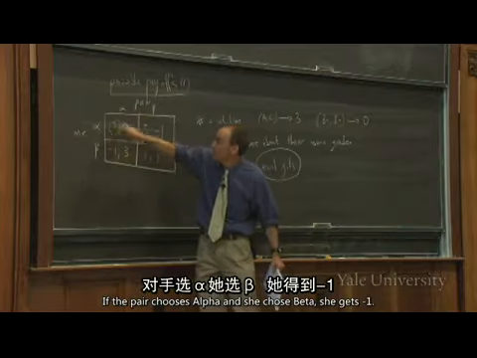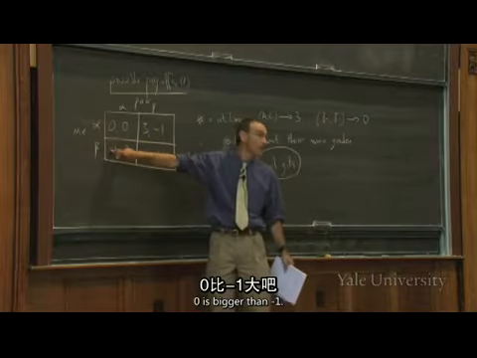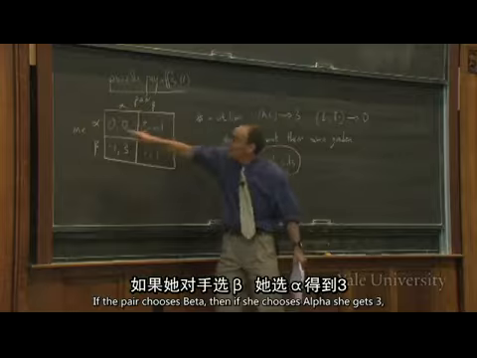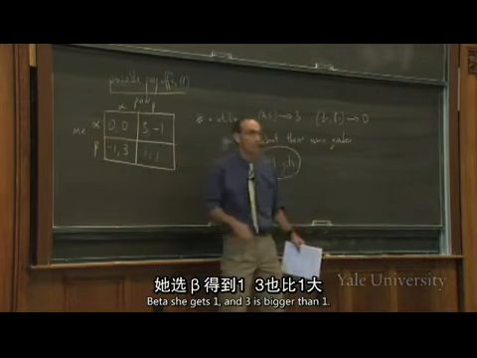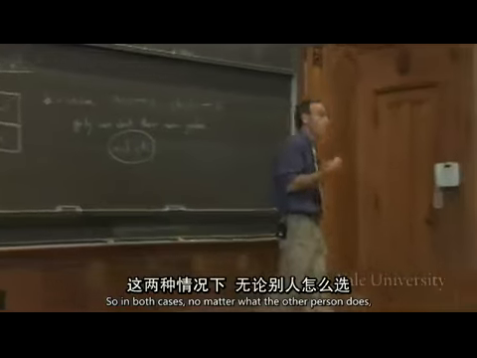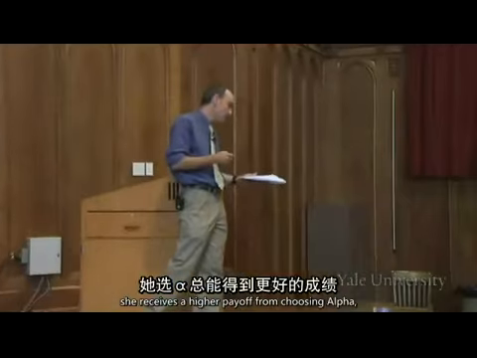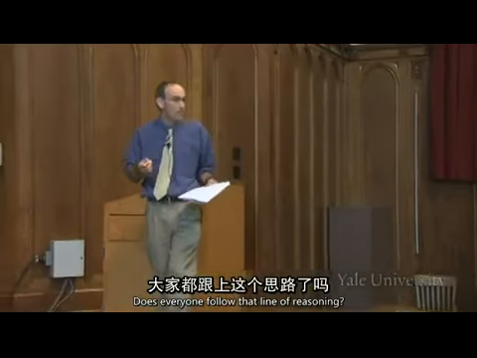If the pair chooses alpha and she chose beta, she gets -1. 0 is bigger than -1. If the pair chooses beta, then if she chooses alpha, she gets 3, beta she gets 1, and 3 is bigger than 1. So in both cases, no matter what the other person does, she receives a higher payoff from choosing alpha, so she should choose alpha. Does everyone follow that line of reasoning?